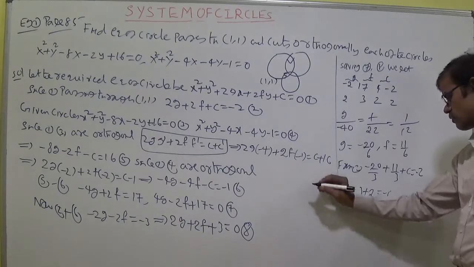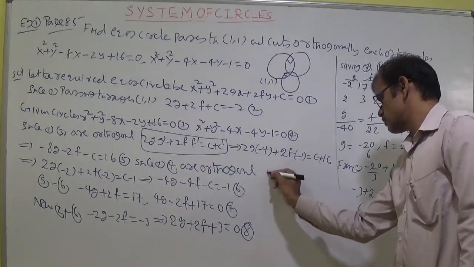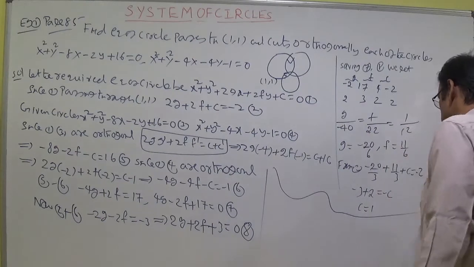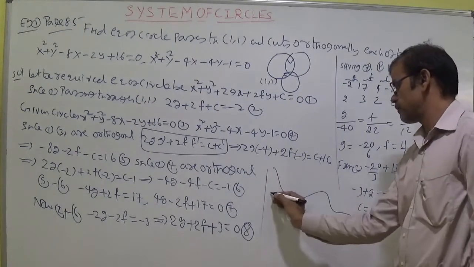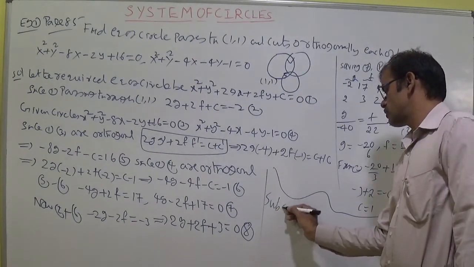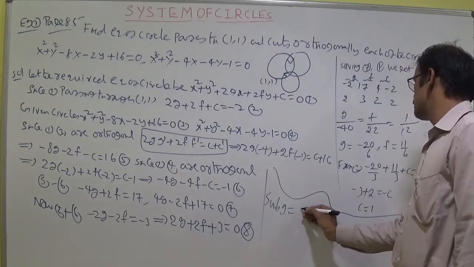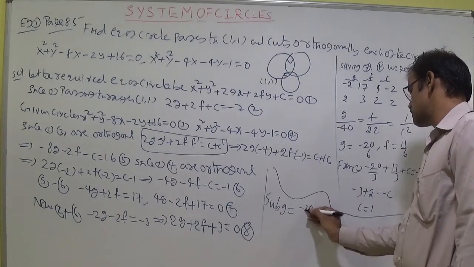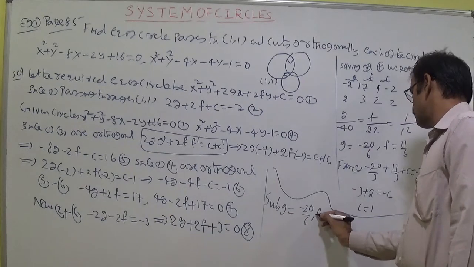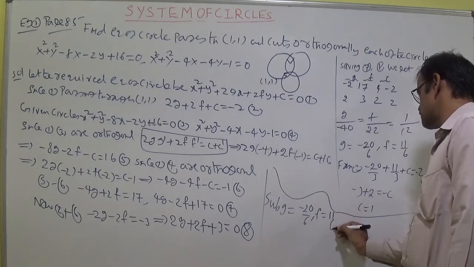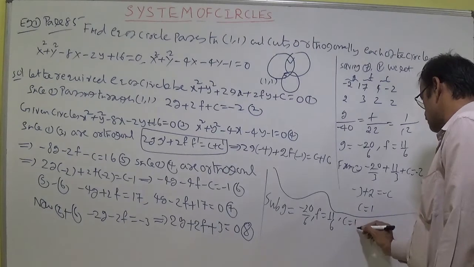So substitute the values of g, f, c in the first equation: g is equal to minus 20 by 6, f is equal to 11 by 6, c is equal to 1.